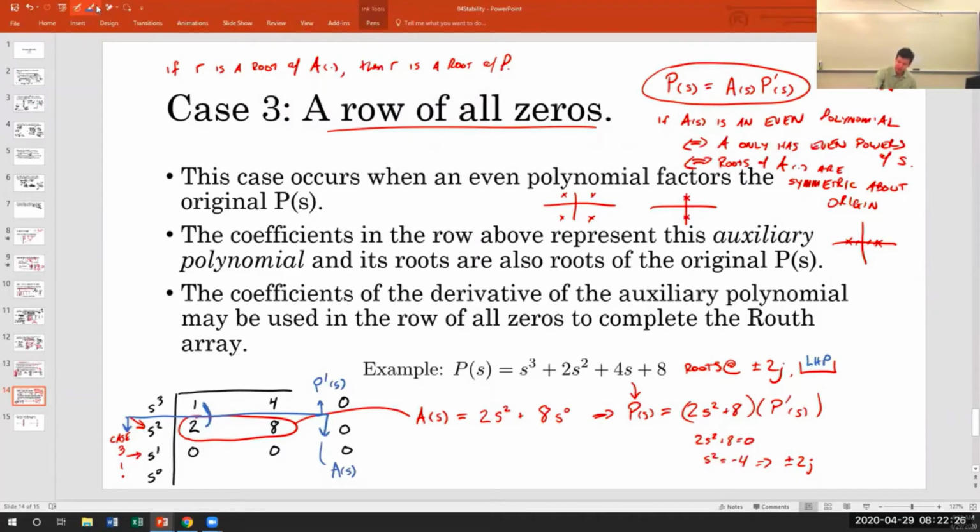So to finish off the procedure here, the third bullet point is what I'm going to do now. If you needed to keep going, say if this was an 8th order polynomial and it wasn't easily factorable like this, then what you can do is take the derivative of the auxiliary polynomial, and those coefficients get plopped into the row of zeros.